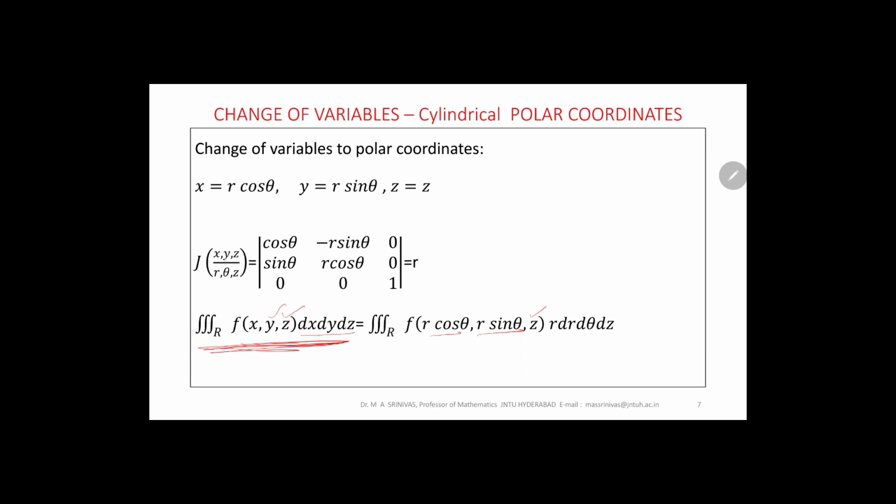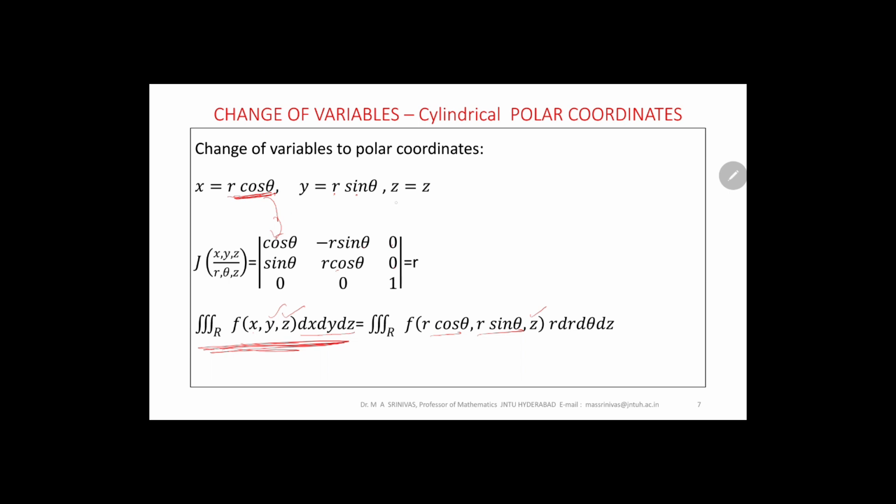Jacobian of x, y, z with respect to r, theta, z: dou x by dou r, if I differentiate x with respect to r, I will get cos theta. Differentiation of x with respect to theta is minus r sin theta. There is no z here, therefore dou x by dou z is 0. Similarly, dou y by dou r is sin theta, dou y by dou theta is r cos theta, dou y by dou z is 0.